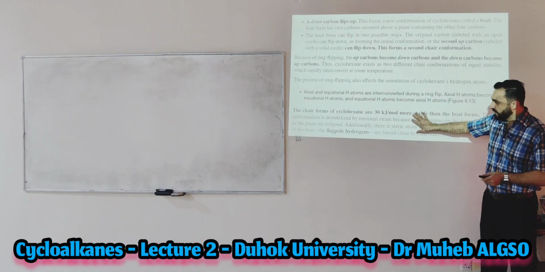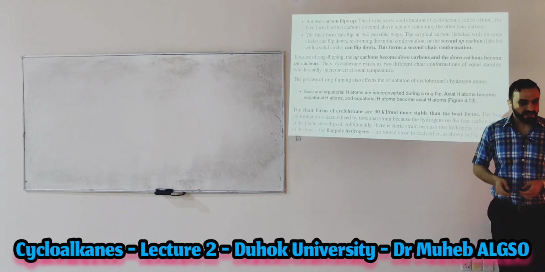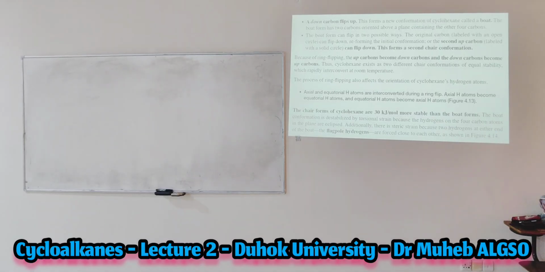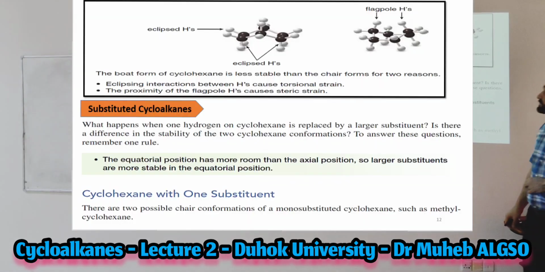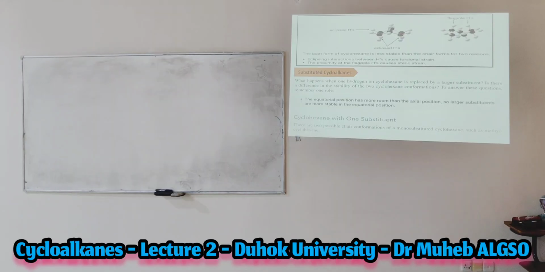This is an important note. You have to memorize this note, and why the boat form is less stable than the chair form. You have 2 reasons. So again, what he showed to us here.